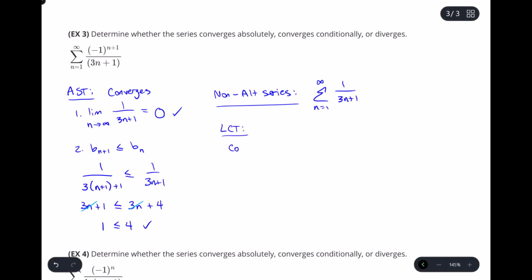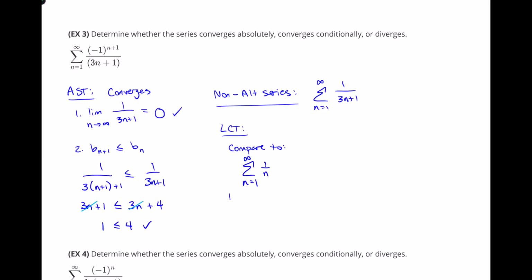So we would compare to, say, the sum n equals 1 to infinity of 1 over n, because it looks very similar to that. And that, of course, is the harmonic series, and we know that that diverges.